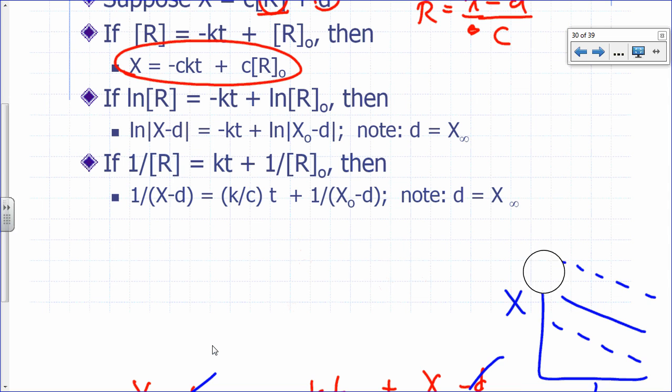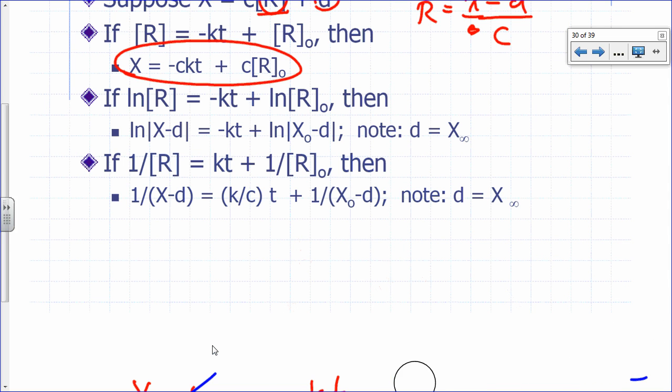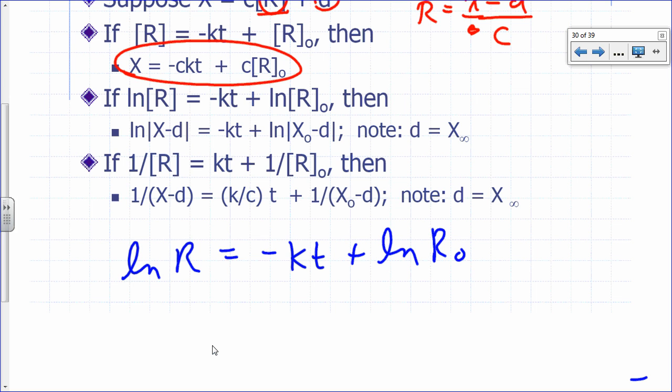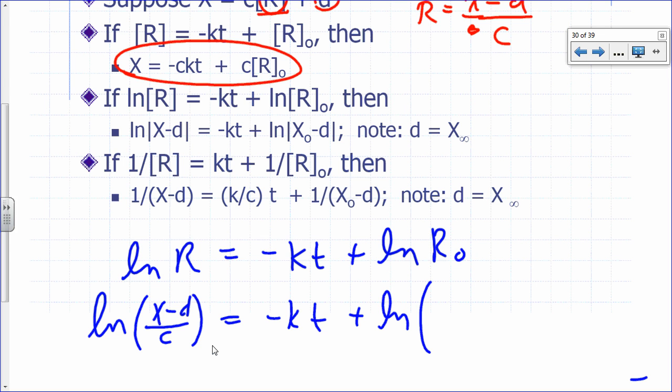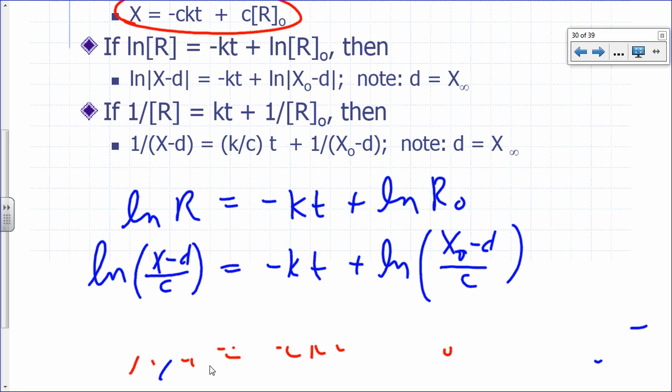Then, in this case, let's put ln R equals negative KT plus ln of R naught. Let's make the substitution. You can see that ln of X minus D over C equals negative KT plus ln of X naught minus D over C, right? And what do you get here?